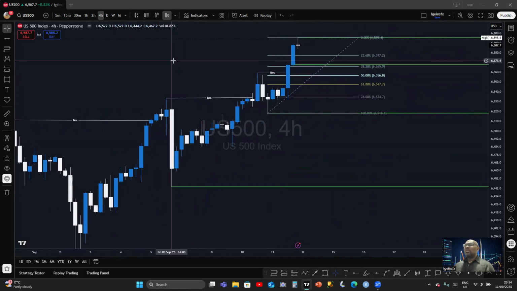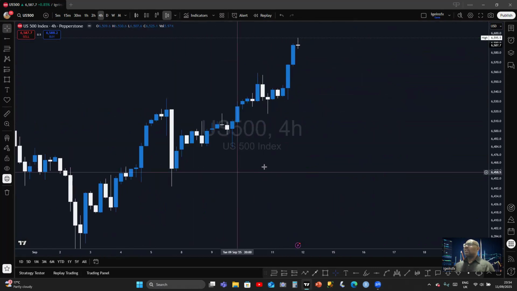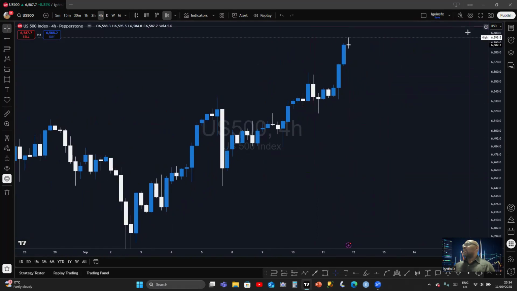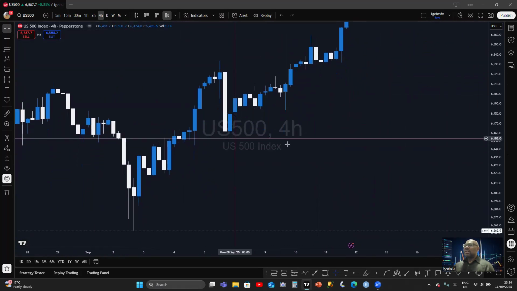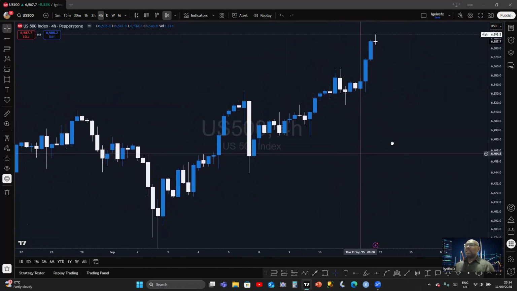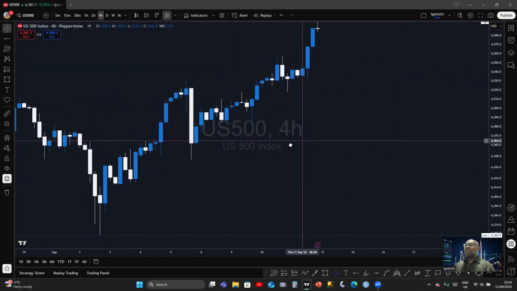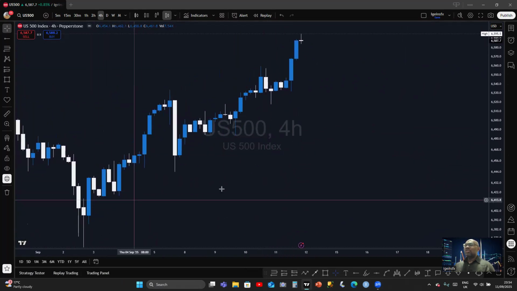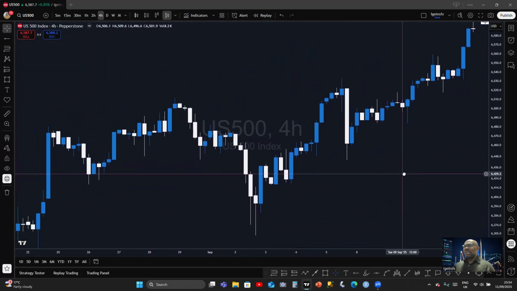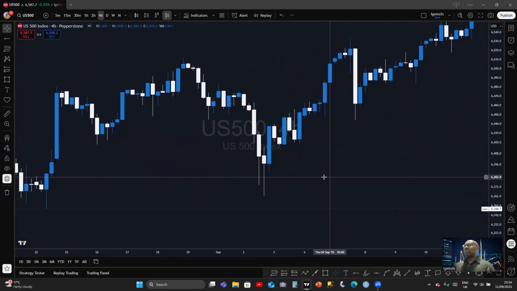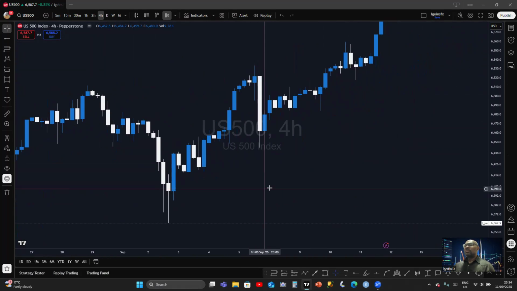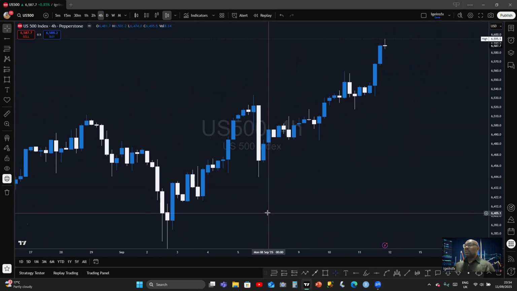All right, so I'm going to clear these things off and make this chart very clean and plain. So we are starting from here. If I say, okay, what is this structure now? What would you say this structure is?